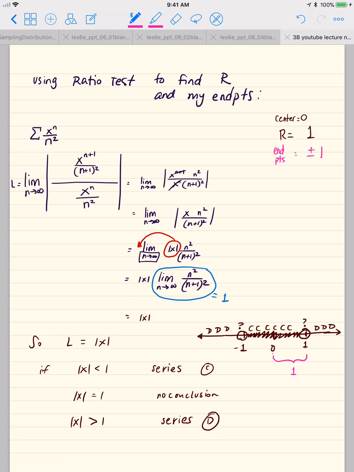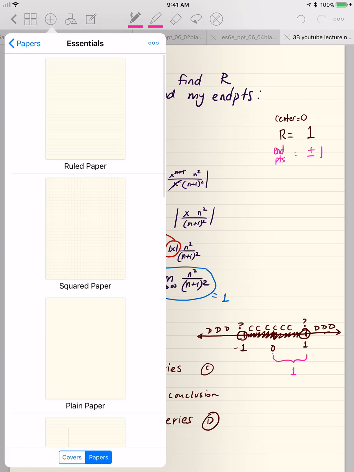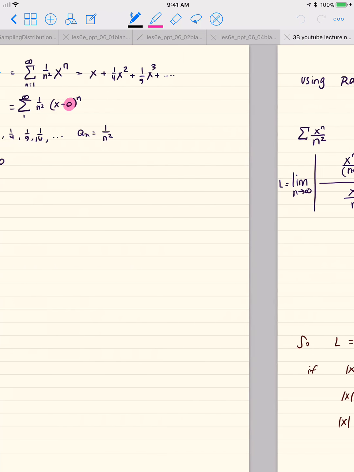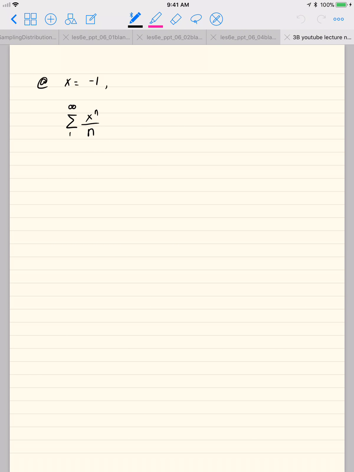So the last thing we need to do is test the endpoints. So let's test our endpoints. At x equals -1, what happens to our series? Our series is x to the n over n squared, okay?